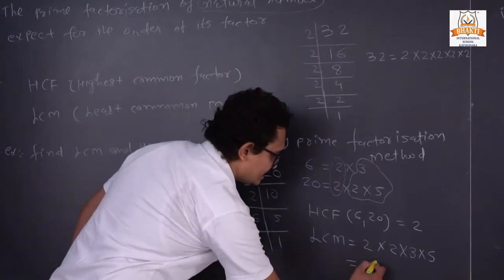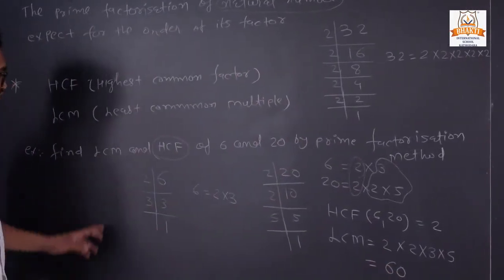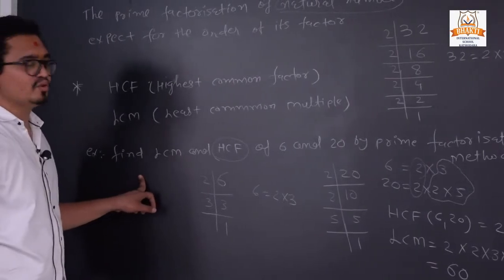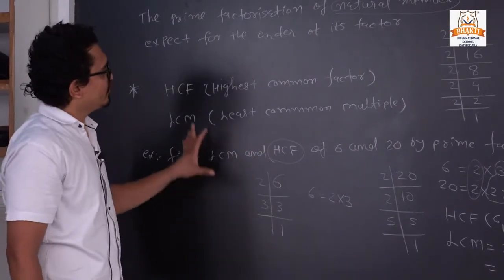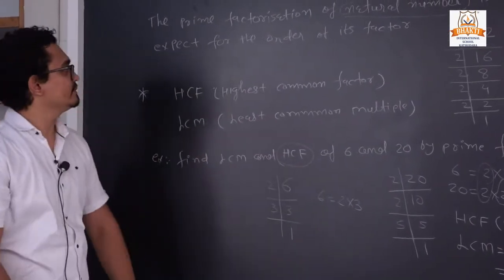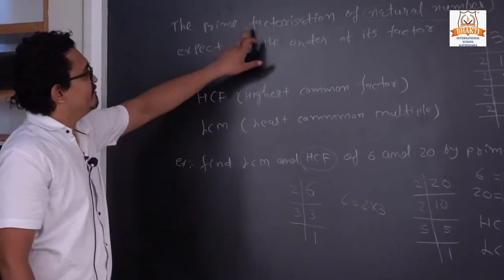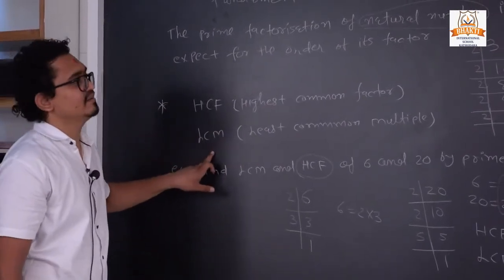So the LCM is 60. This method is useful to find the LCM and HCF. From this topic you need to remember two things: first prime factorization, and second HCF and LCM.